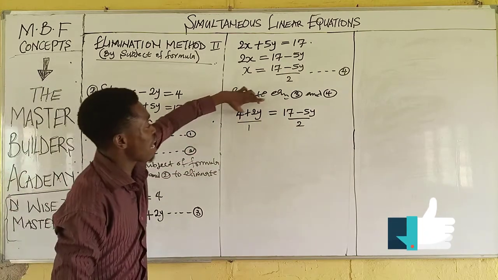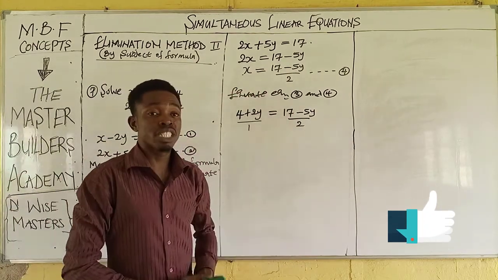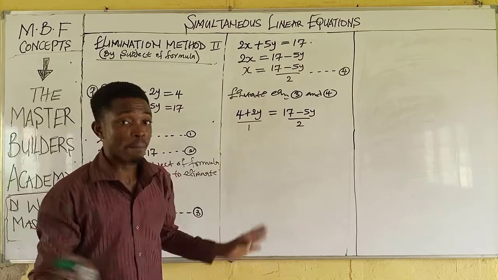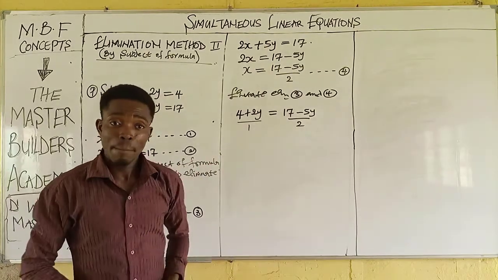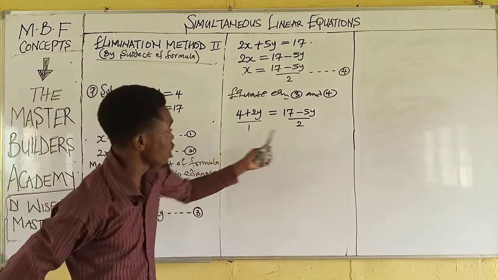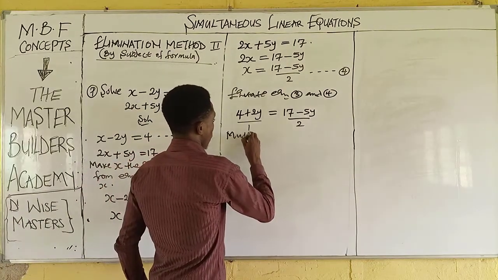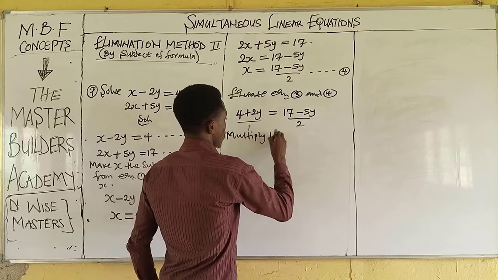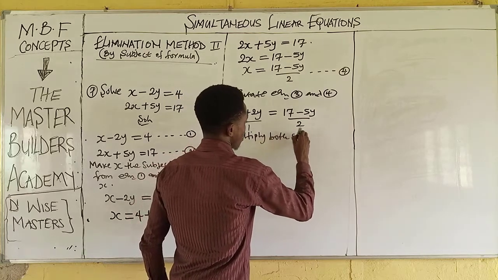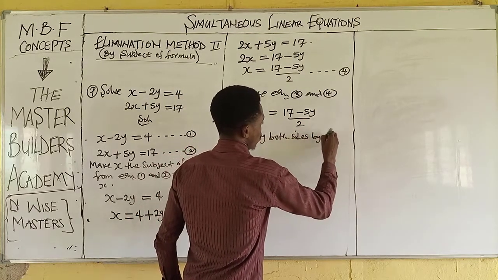Since these fractions have equal to in between them, all we just need to do is to cross multiply or multiply both sides by 2. That's all. The denominator is 2. So we just multiply both sides by 2.